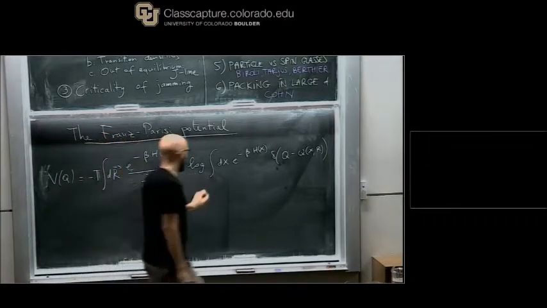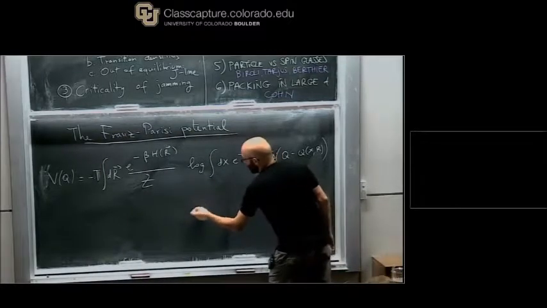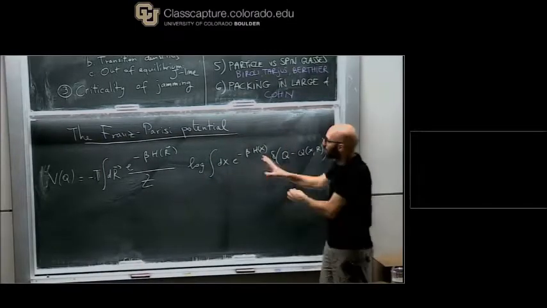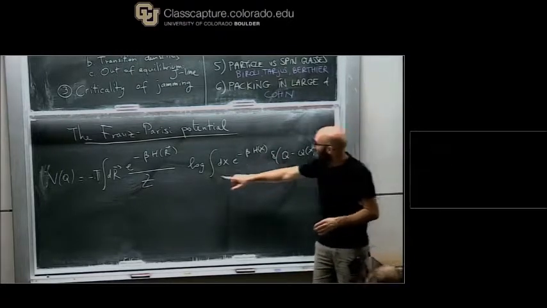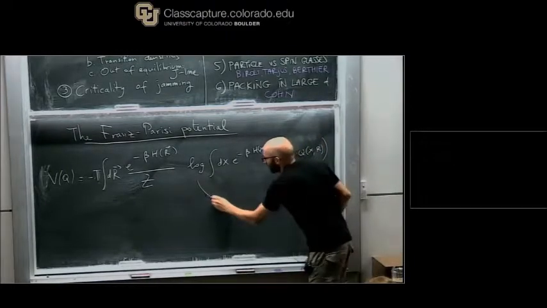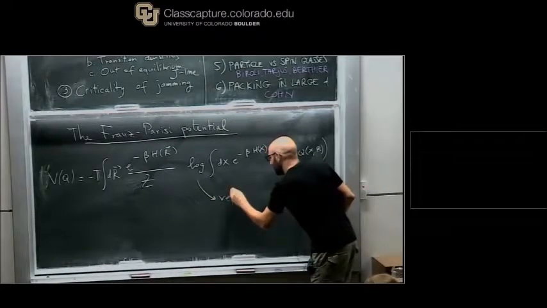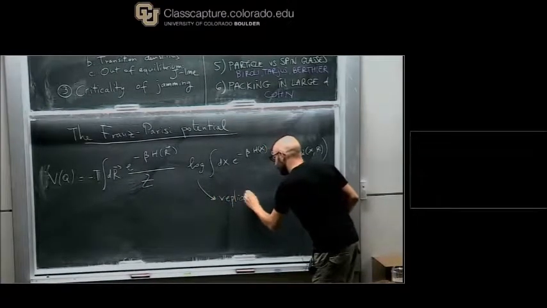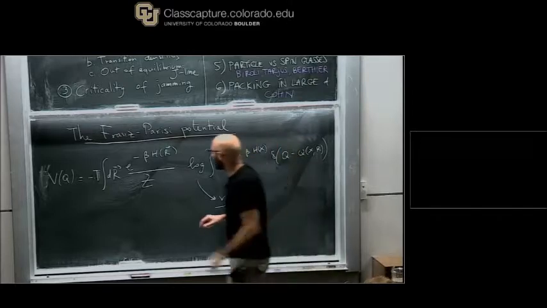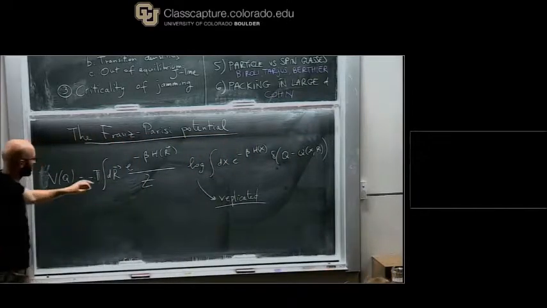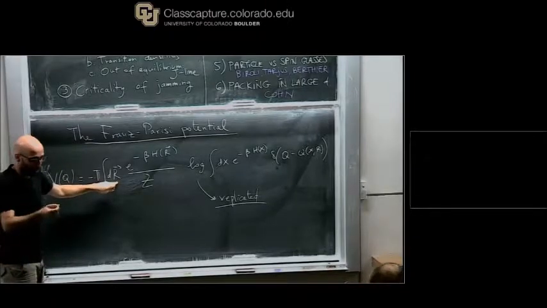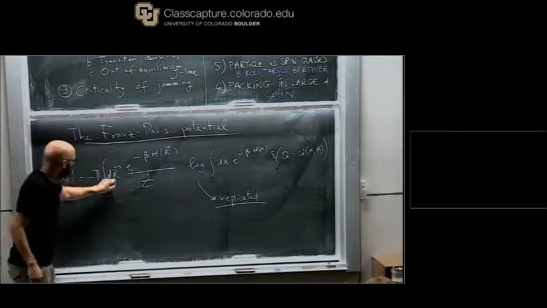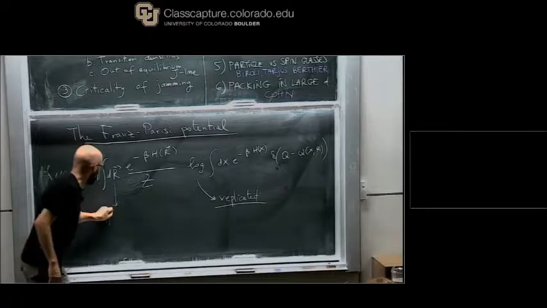So this log, I'm going to write it using replicas. I will not do it explicitly because today I will not do any calculation. I just tell you how it works. So this log is going to be replicated. But basically what's happening is that the configuration R, which is an equilibrium configuration that I'm using to probe the landscape, plays the role of the quench disorder.